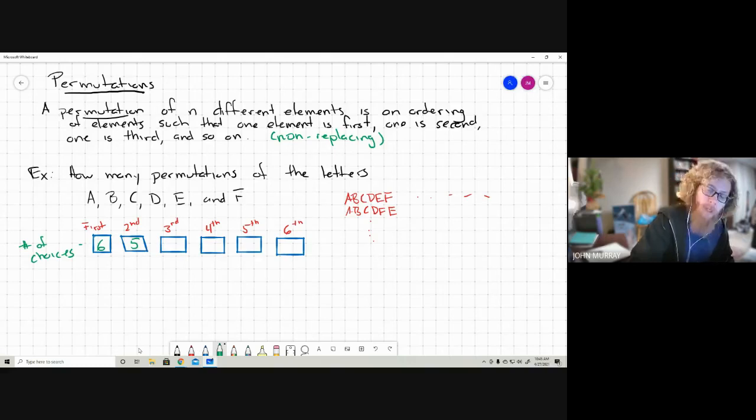After my second one, I've already picked 2 of my elements. So for the third one, I only have 4 left. For the fourth, I've picked 3, so 6 minus 3 is 3. And then for the fifth, I have 2. And for the sixth, I have 1. So if you notice, this looks like something we talked about last week.